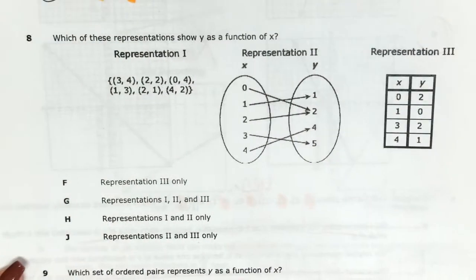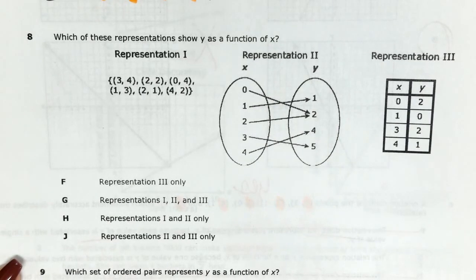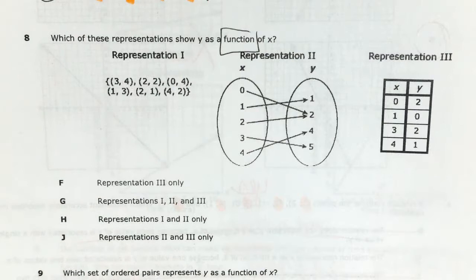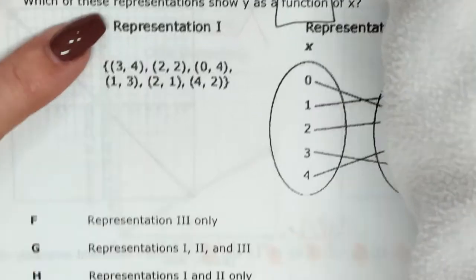All right, number 8. Which of these representations is a function? So they're telling you at least one of them's a function, but could all 3 be a function? You don't know yet. I got to go check, right? So let's go check representation 1.